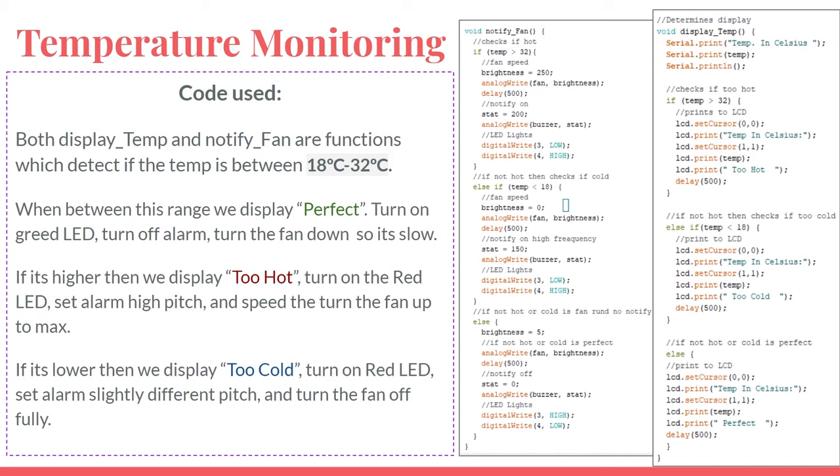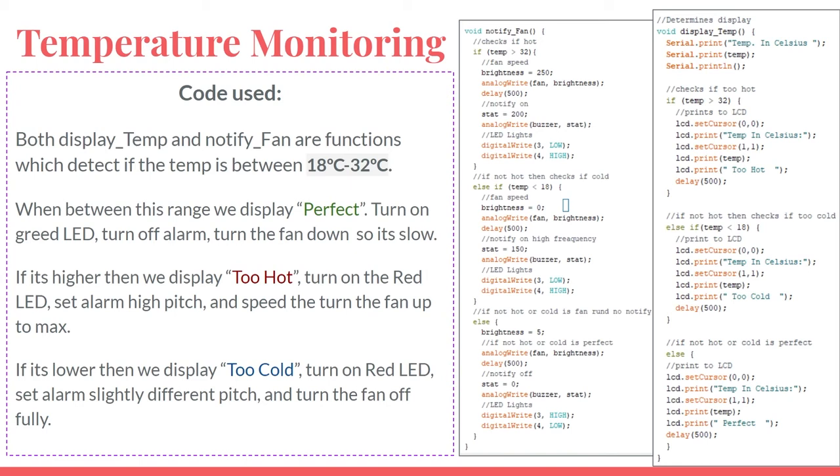When we are in our notify fan function, we are simply telling the LEDs which LEDs light up and which LEDs don't, when the fan should run, at what speed, and if the buzzer should buzz. So in perfect state, we light up the green light, we turn the alarm off, and we have the fan running at a slow speed.